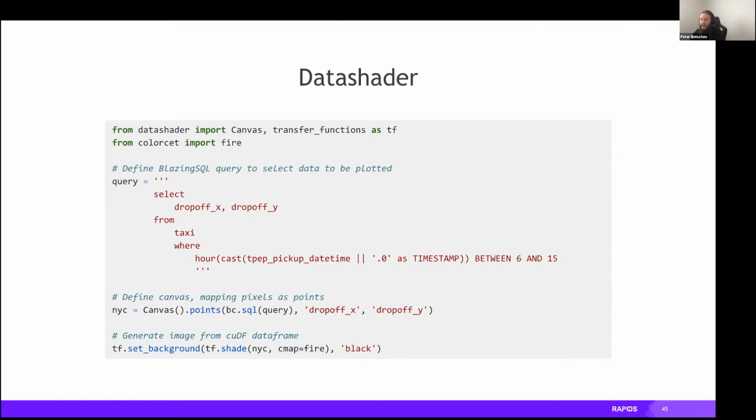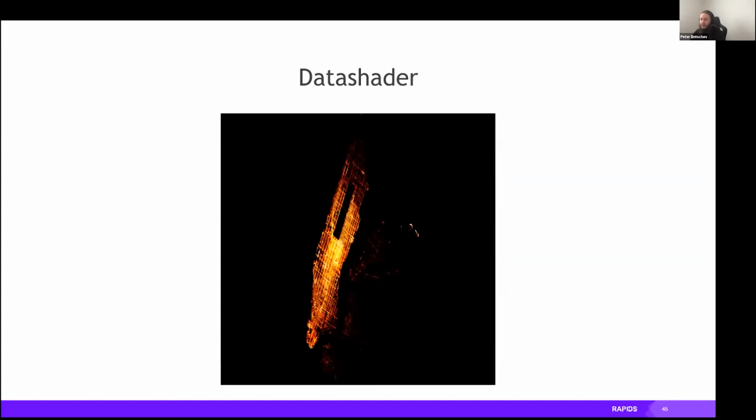Notice that we are taking the points, and we are also specifying a color map, fire, and we want the background to be black. So the resulting plot looks very similar to the previous plot that we saw with cuXfilter. But now we have filtered data a bit differently, so the final representation is not exactly the same, although you can see the similarities quite clearly.